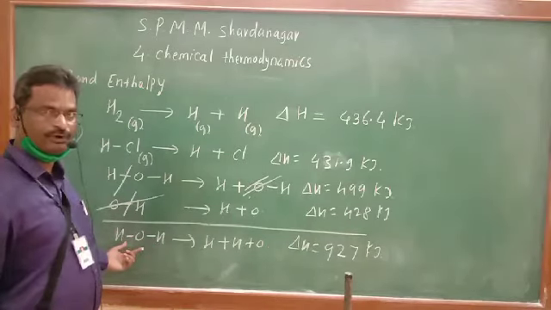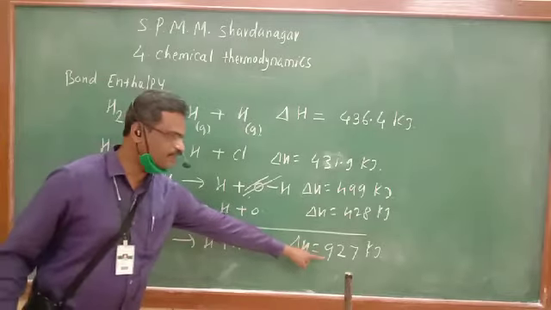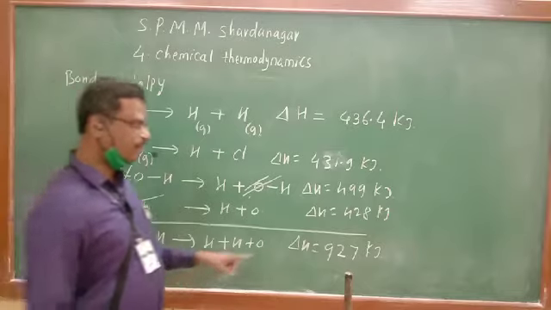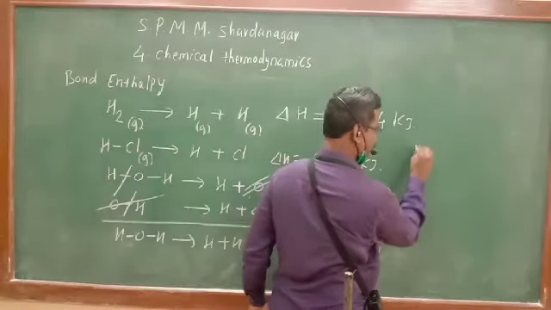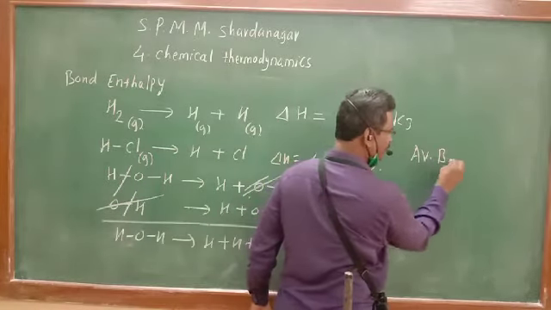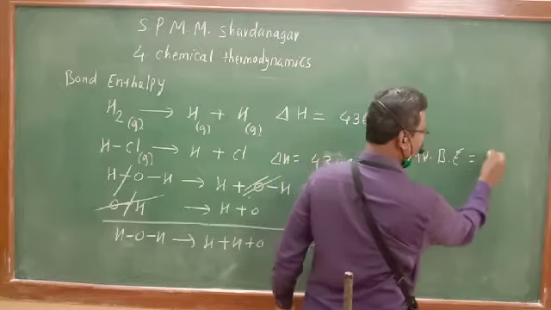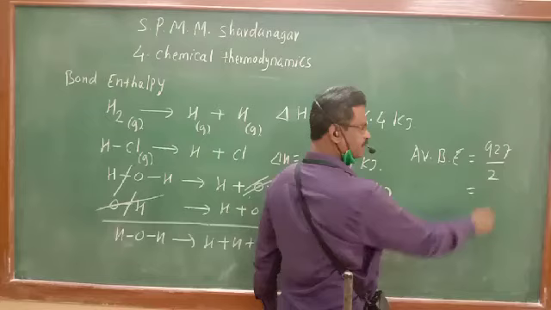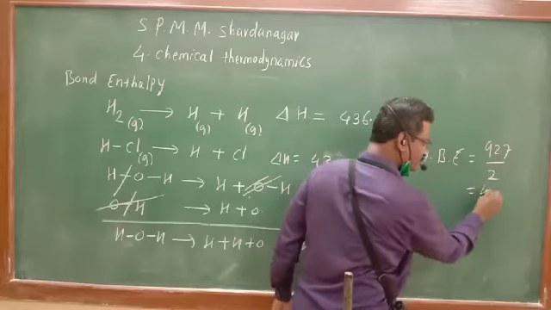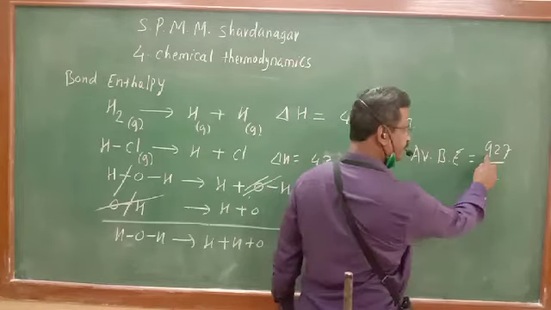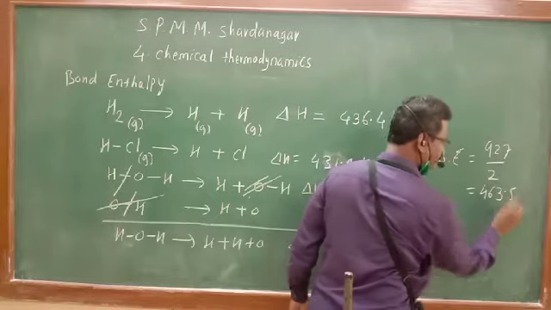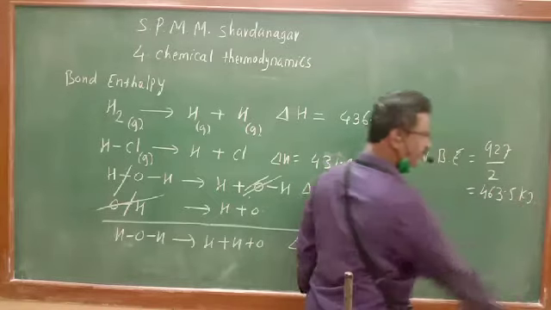It is not one OH bond. This is the energy required to break 2 OH bonds. Therefore, the average is taken, known as the average bond enthalpy, equal to 927 upon 2, which comes to 463.5 kilojoule.